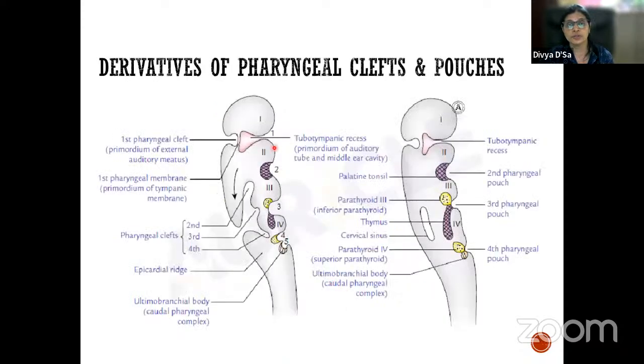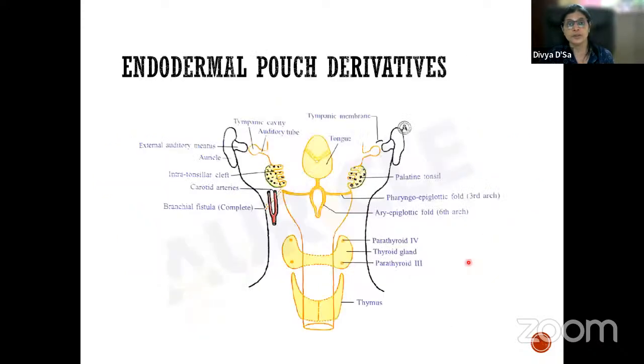So now this is to summarize the clefts and the pouches. Already I told you, cleft only first cleft, whereas pouches, all the pouches here form the different structures. So you can see here, external ear, that is from the first cleft. This is the auditory tube and the middle ear cavity.